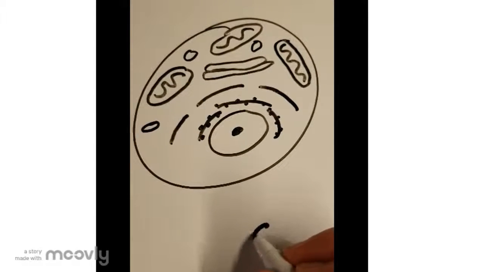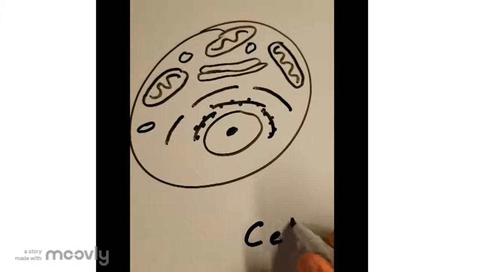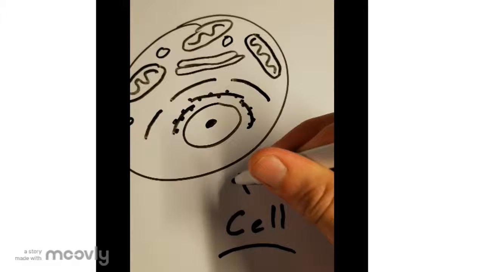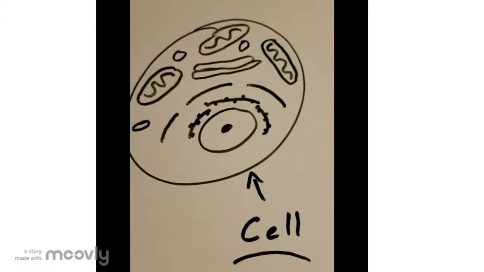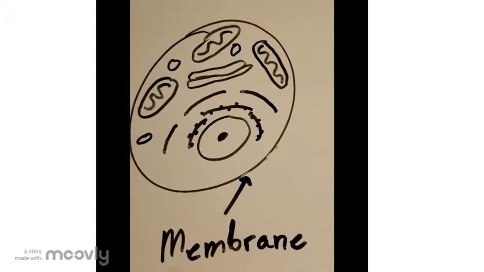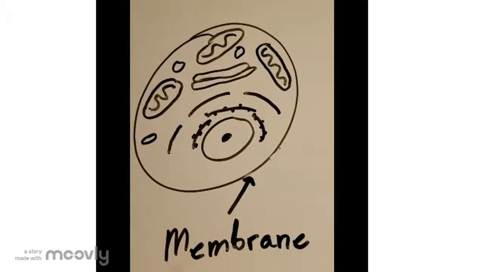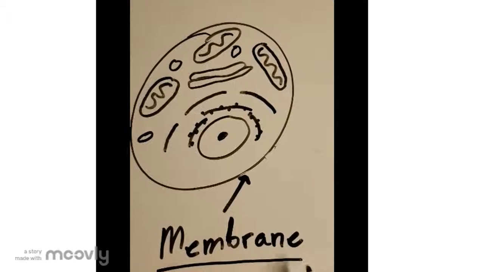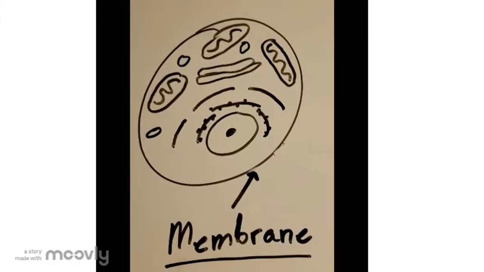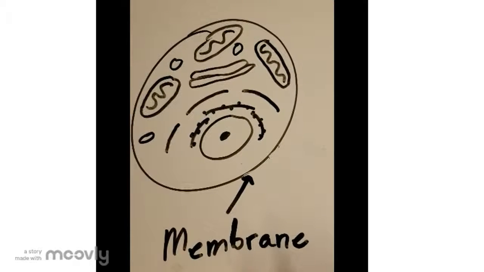The first part of the cell we'll cover is the cell's structure. We'll focus on the eukaryotic cell since this is the type of cell animals, including humans, are made of. The membrane, or the cell wall, acts as a closed capsule to ensure that all the cytoplasm and other organelles, which are any structures inside of a cell, remain in each individual cell.